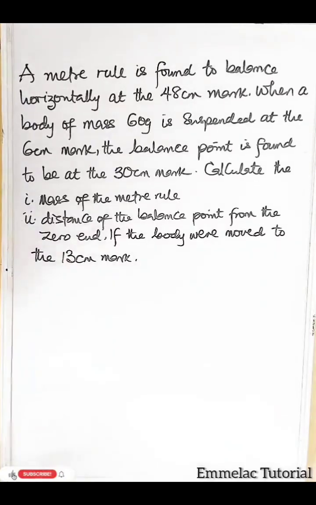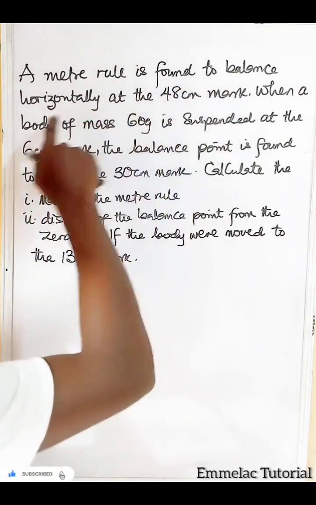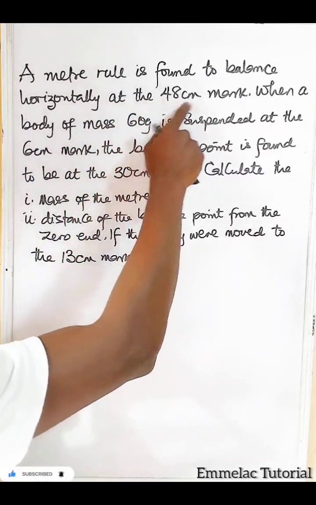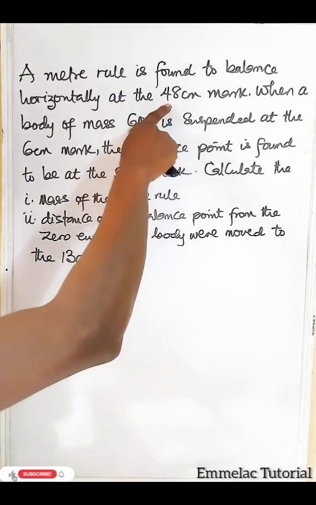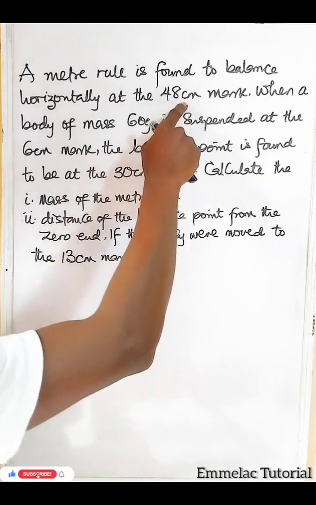Now let us look at this question in moment and equilibrium of forces. It says a meter rule is found to balance horizontally at the 48 centimeter mark, which means the mass of the meter rule rests at the 48 centimeter mark.